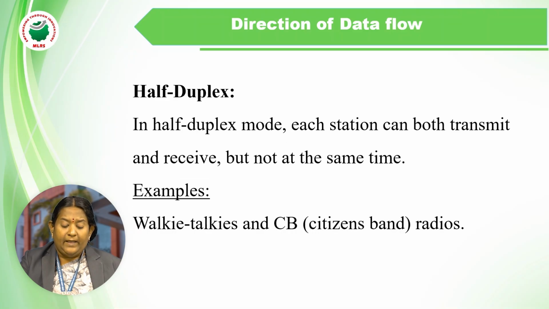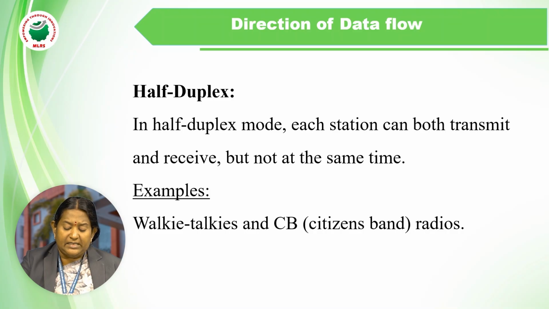Half duplex. In half duplex mode, each station can both transmit and receive but not at the same time. All the stations which we want to communicate with, data can be transferred from one end to the other end in both directions but not at the same duration or at the same time. If we are sending some messages now and the receiver wants to communicate, it should send the message after some time.